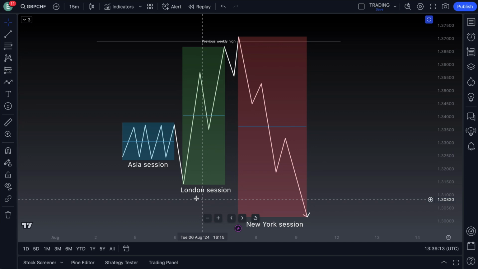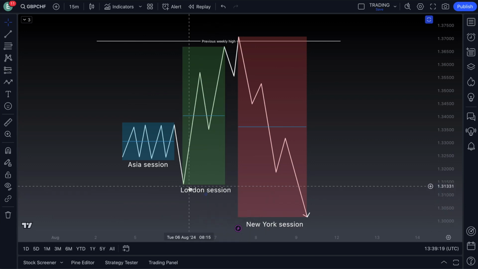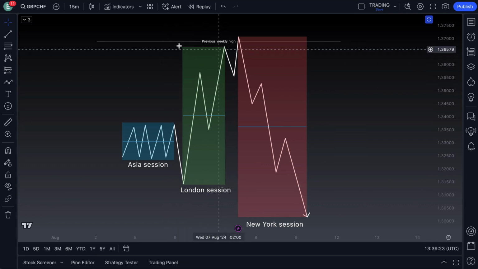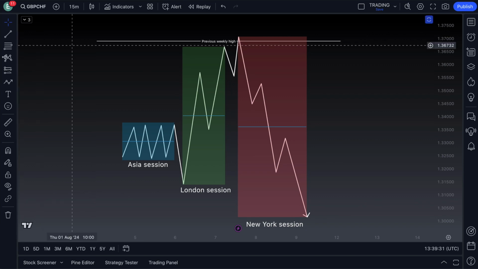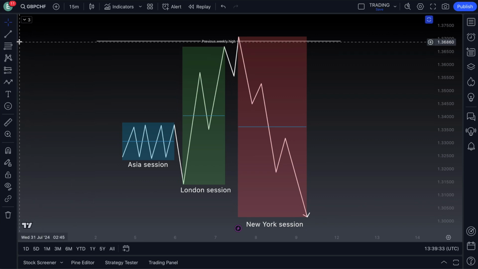So not only do we have session liquidity, it also presents itself in daily highs or lows, weekly highs or lows, or monthly highs or lows. So just after London session, we have a previous weekly high. Now, if we went off to the real left, and this was a real chart example, there'd be a structural high in the previous week.